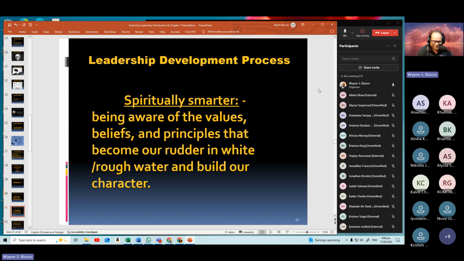Spiritually smarter means you need to be aware that those are your belief structures. And if you don't quite want that to be your core values, then you need to work at making sure those values get superseded by something that you're willing to show others. All right? Oftentimes, if you really want to see what's at the core of somebody, observe them when things go wrong.